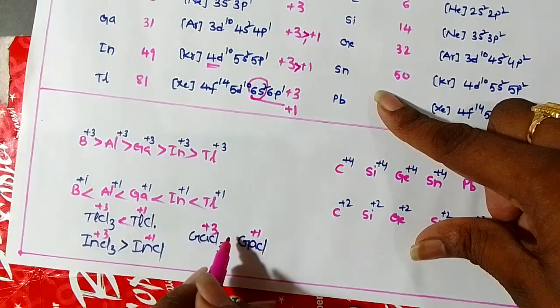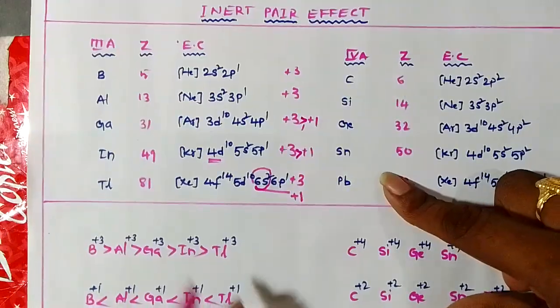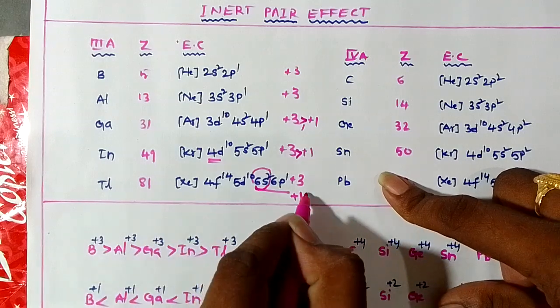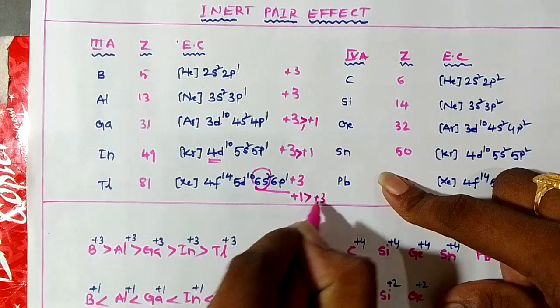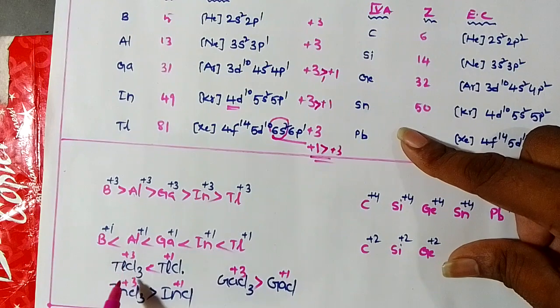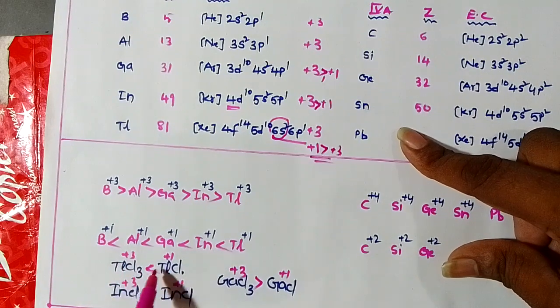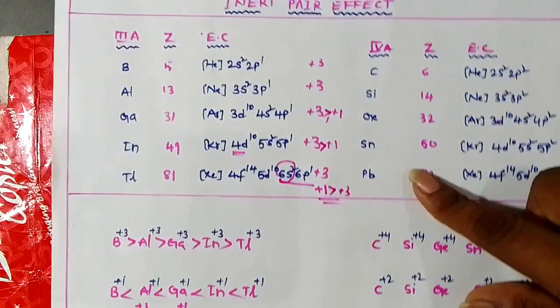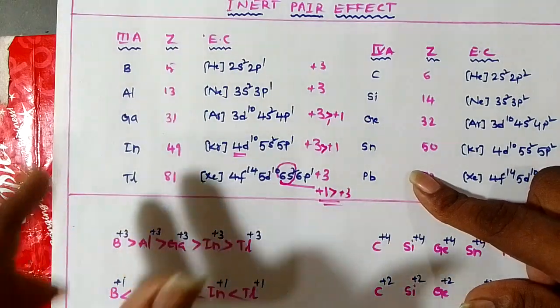That's why the compound GaCl3 is more stable. Only in thallium is the +1 oxidation state more stable compared to +3. That's why TlCl is more stable compared to TlCl3. So in this way you can explain the inert pair effect in third group elements.